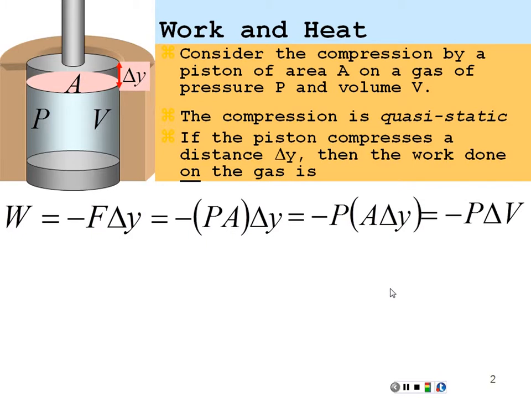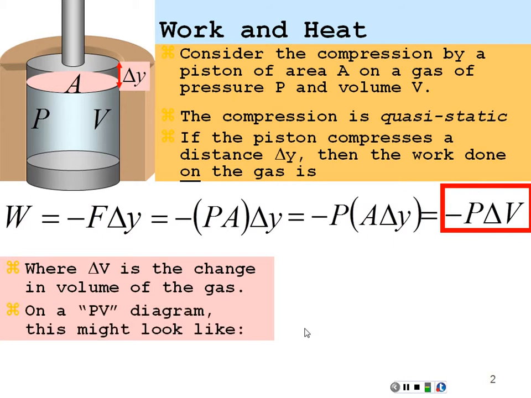And now as we're compressing this gas, the final volume will be less than the initial volume, so I can imagine that this delta V is going to be a negative quantity, and hence we're doing work on the gas as a positive value because it's going to be negative, negative.